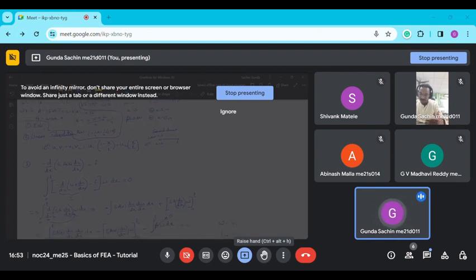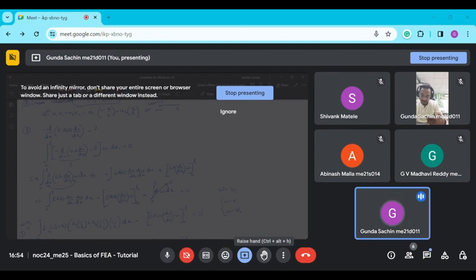Then we need to choose the interpolation functions. I went for linear interpolation functions, which will be in this way for the generalized element 0 to L. If we want to use the global coordinate system, then you need to modify these shape functions accordingly.